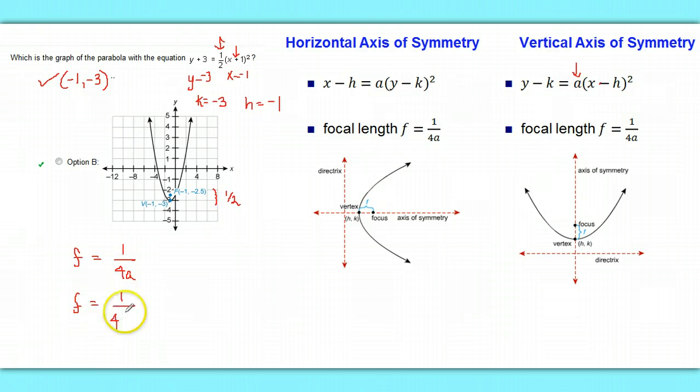So I'm going to have 4 times 1/2. Well, 4 times 1/2 is really just 2, because half of 4 is 2, and so that does end up being 1/2. So my focal distance is 1/2, which matches with this, so this would be the correct graph there.